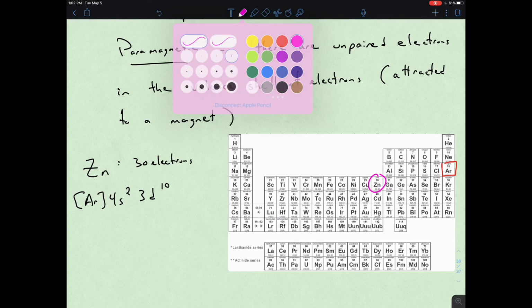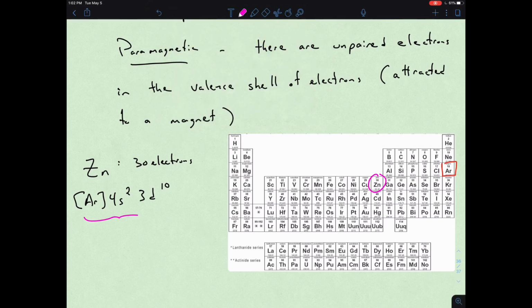These are all paired. So since they're all paired, zinc is diamagnetic.